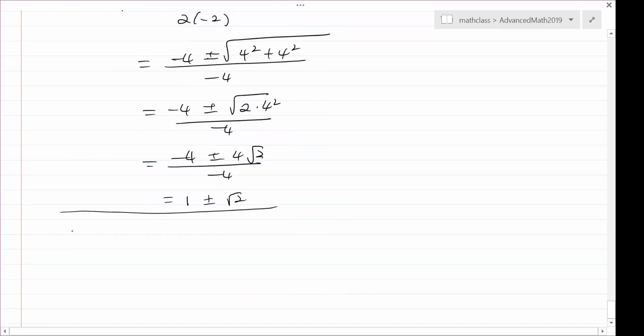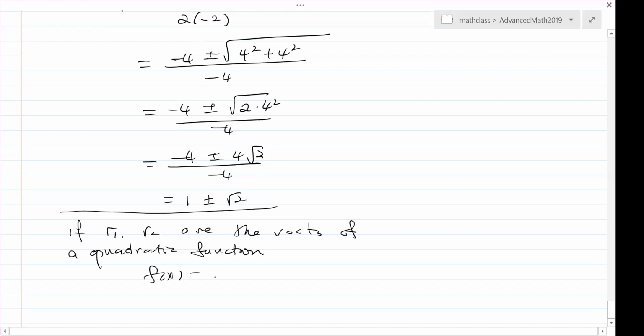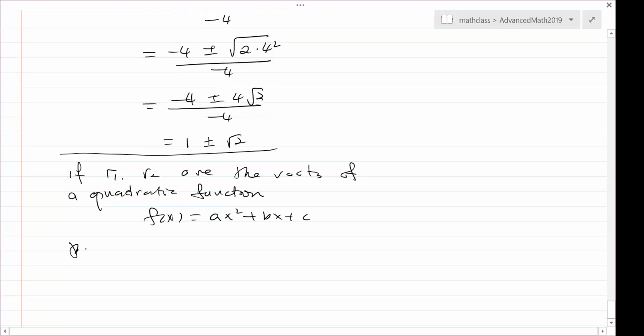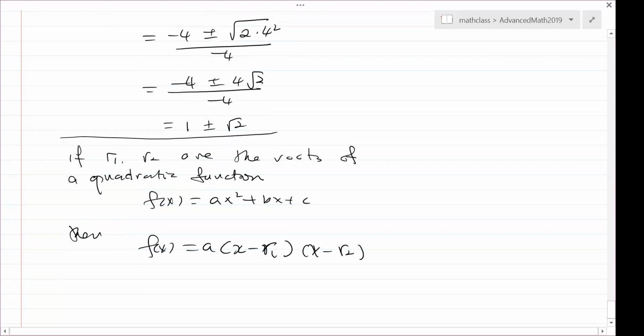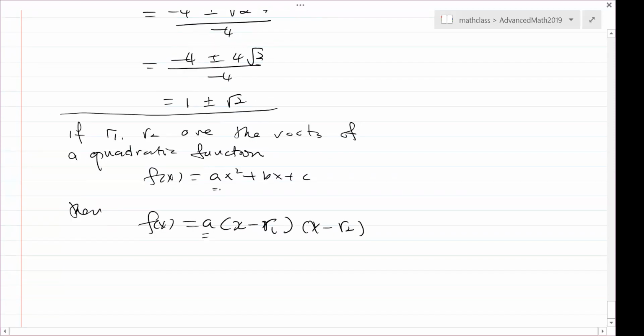If r1 and r2 are the roots of a quadratic function f of x equals ax squared plus bx plus c, then this function must be written as a times x minus r1 times x minus r2.